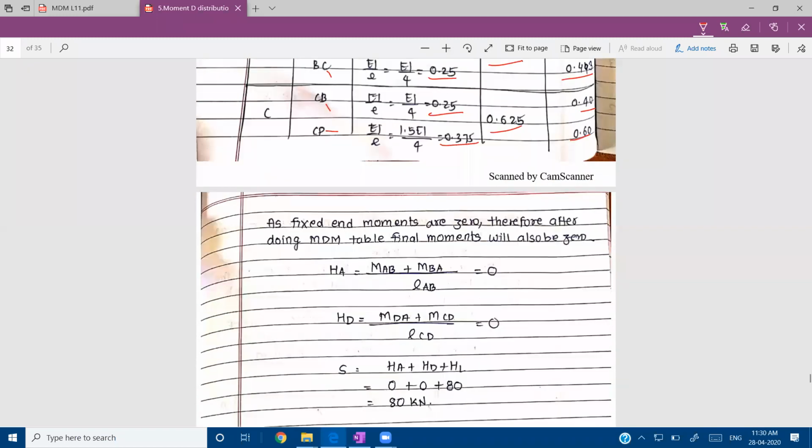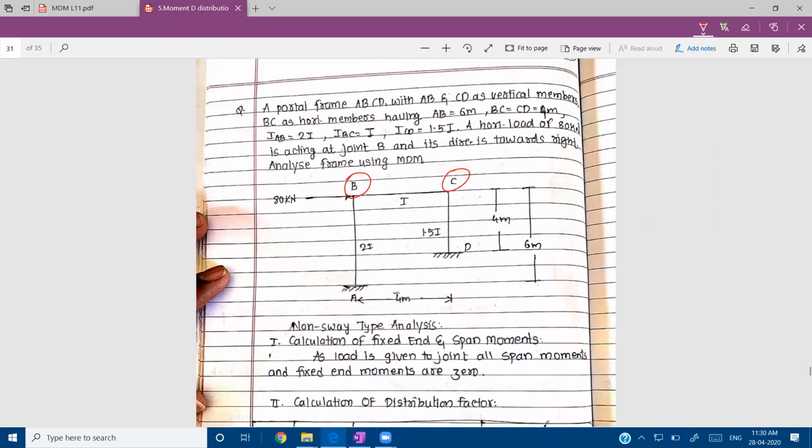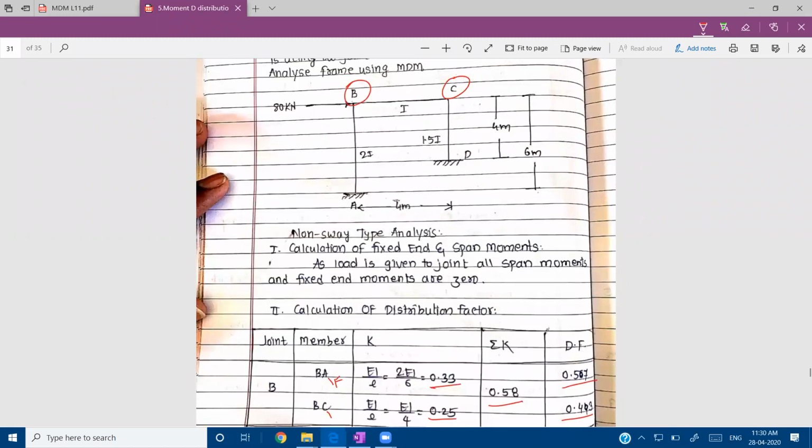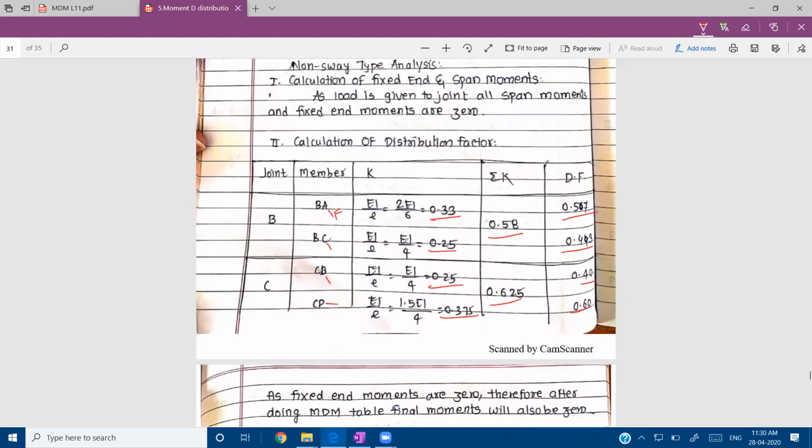Now next, as here the first non-sway type analysis will not be there because no lateral load is acting on span AB, BC, and CD. Therefore, all non-sway type moments, that is MAB, MBA, MBC, MCB, MCD, MDC, are all going to be zero.